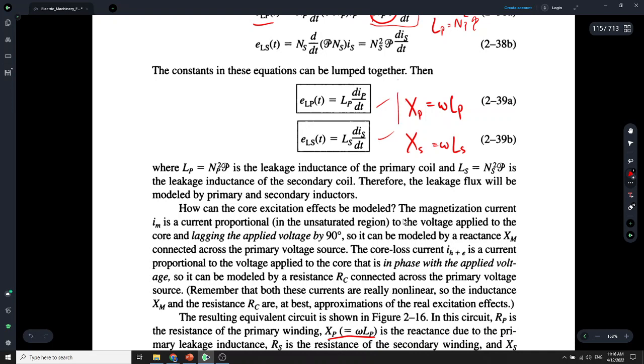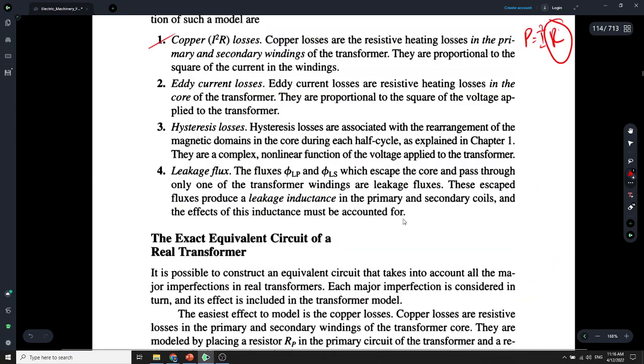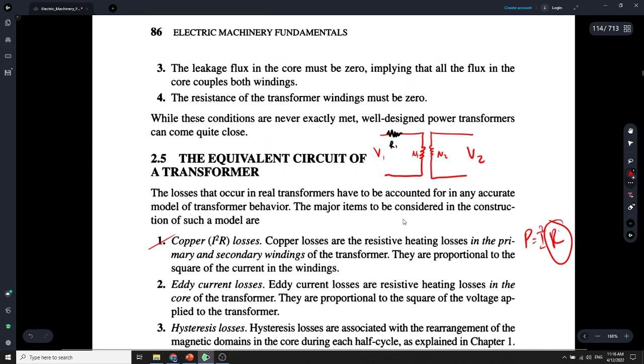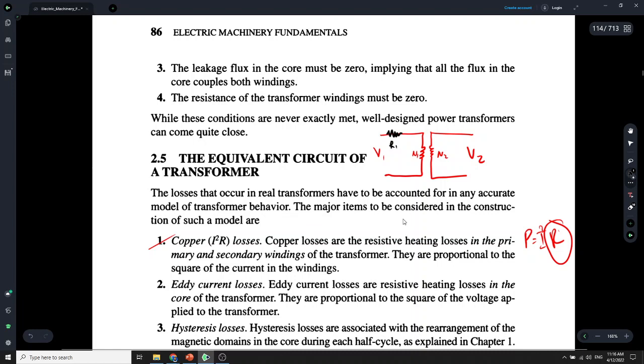This kind of reactance, we can add into the design of the circuit. Since we also have a second coil, we have an R2, and we add the reactance as well.